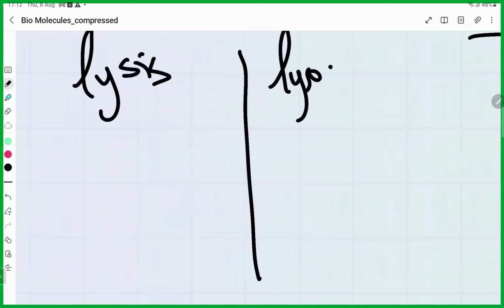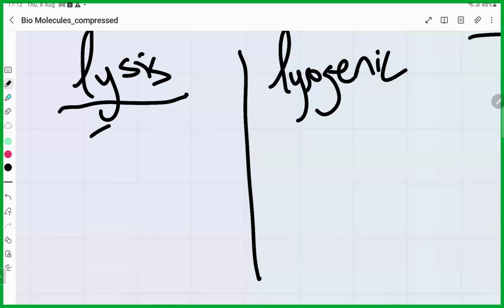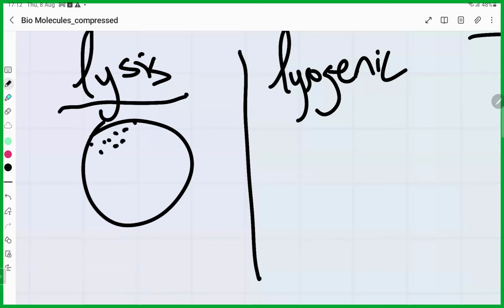These are the kinds of cycles used by viruses to attack a host cell. In the lytic cycle, the virus enters and starts to replicate inside the host cell, and then they are able to kill the host cell this way. They proliferate inside.